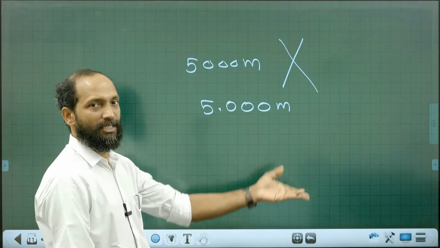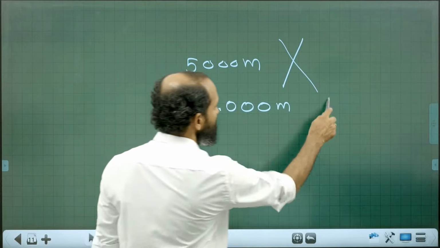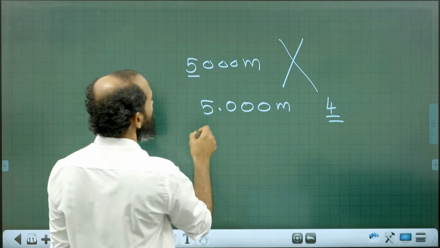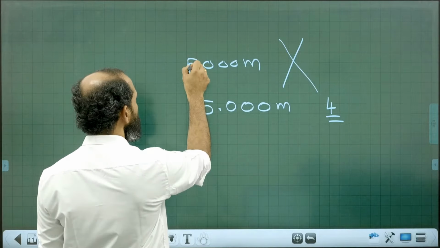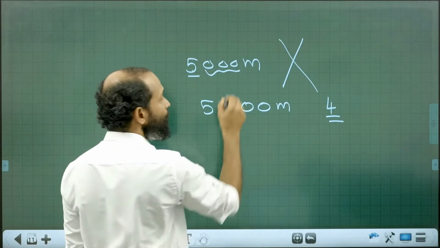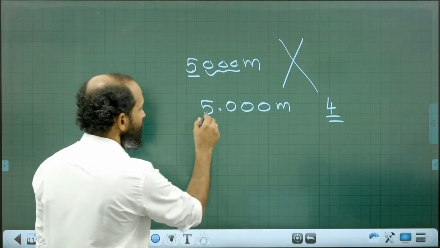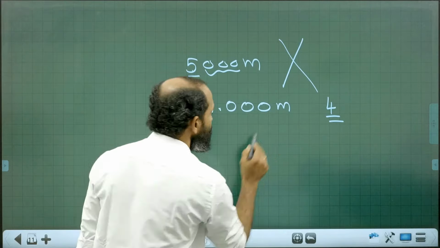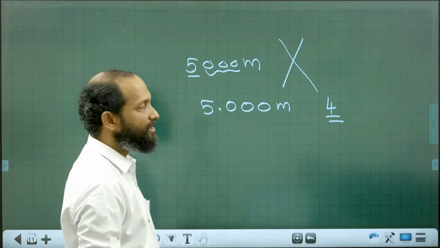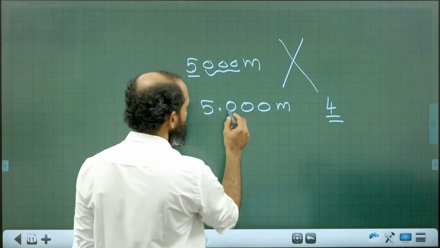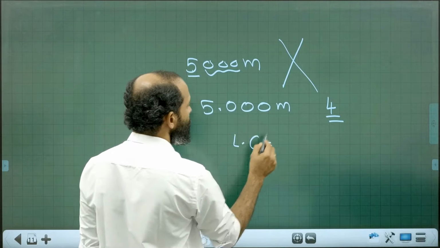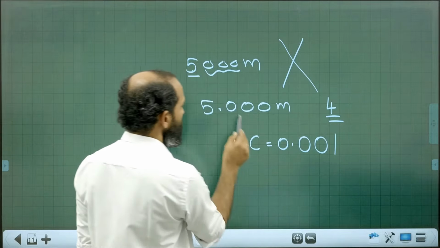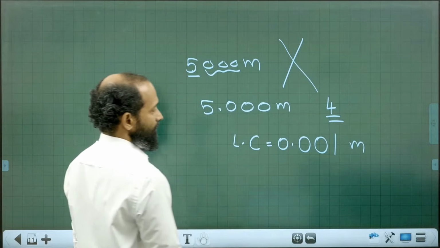5.000 meter is correct. How many significant figures are there? 4 significant figures. While writing 5,000, you can only assign one significant figure and 3 zeros ambiguous. That is incorrect. With 5.000 meter, you can clearly get an idea of the precision of the measuring instrument. What is the least count of the measuring instrument? 0.001 meter is the least count.